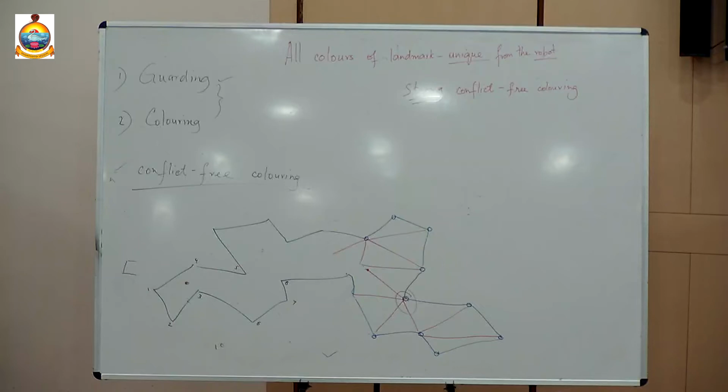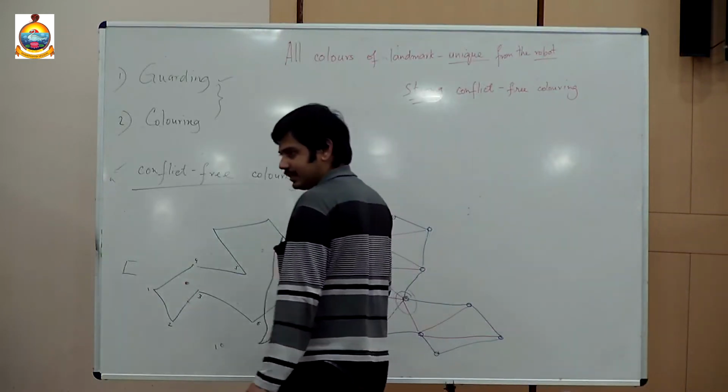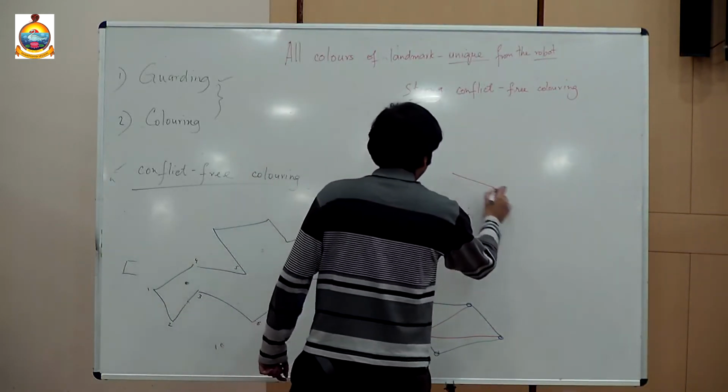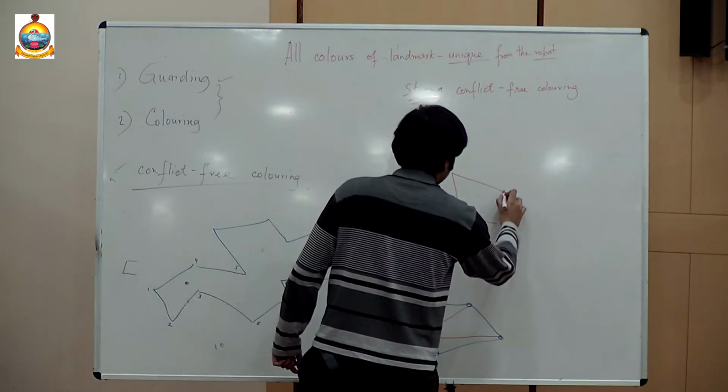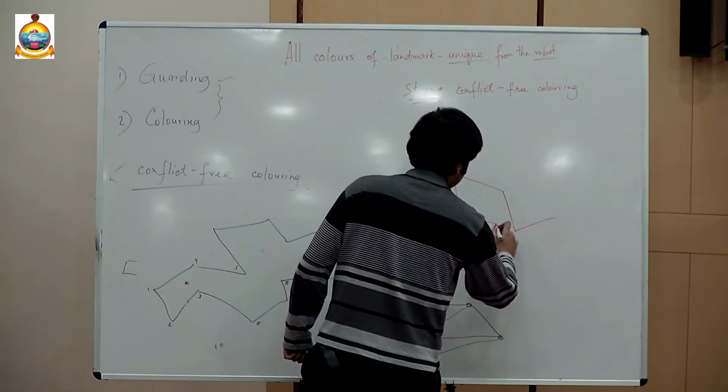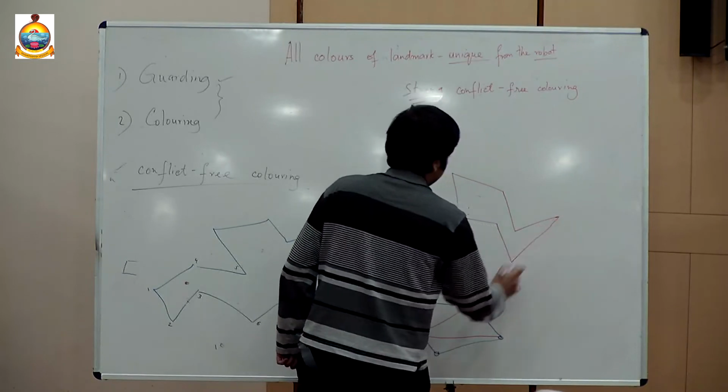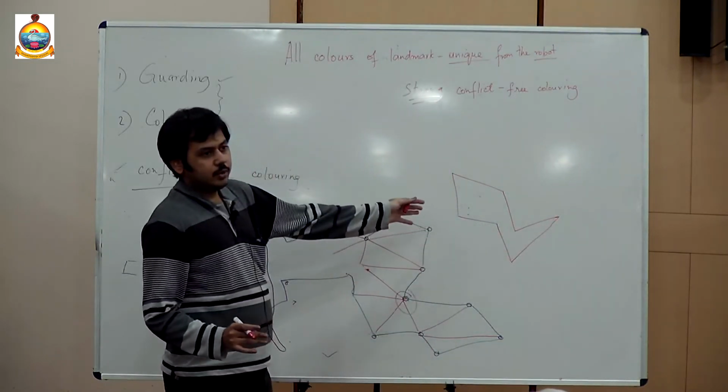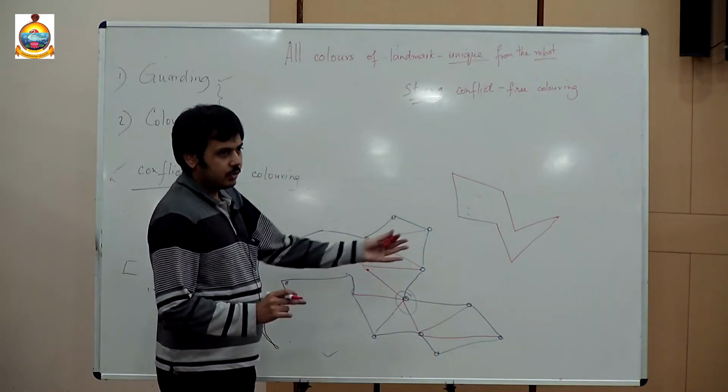Yes. Understanding is clear. Minimum you need. Give a small example. This is too long, reduce it. Okay, so say one vertex. So what is the number of colors required for this strong conflict free coloring?